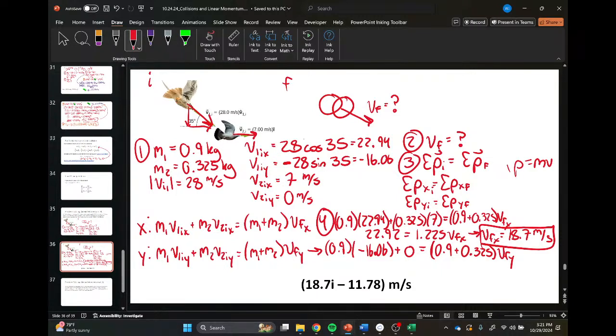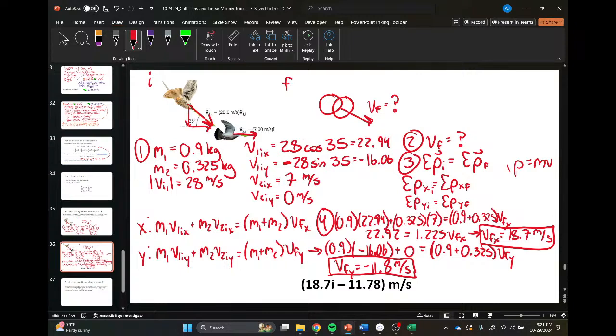And you just plug that in your calculator. And you get v final y equals negative 11.79. Mine's kind of this. It's close enough to the answer I put here.